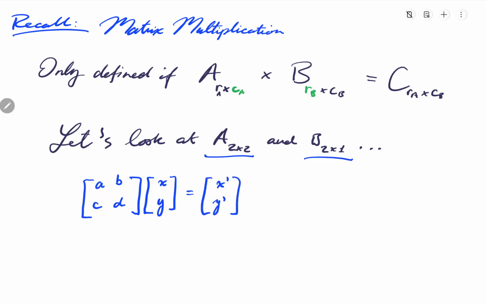All right, so let's have a look at how this happens. Let's move x y to a different spot on the page. X prime and y prime, that is. All right, so I moved it there so we can actually look at how we evaluate each of our top and bottom numbers.